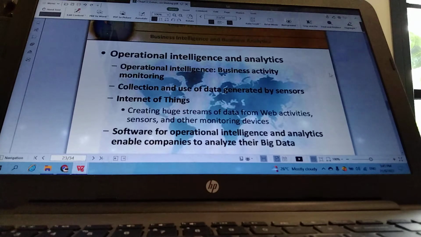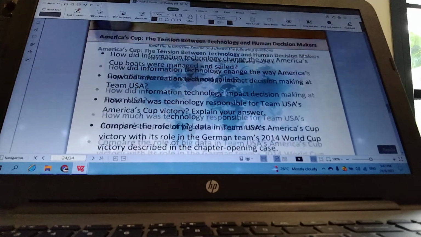The important thing is you need to collect data, analyze it, and use the right tool such as BI and BA for the right purpose. And definitely areas such as BI and BA are very relevant in achieving this target.